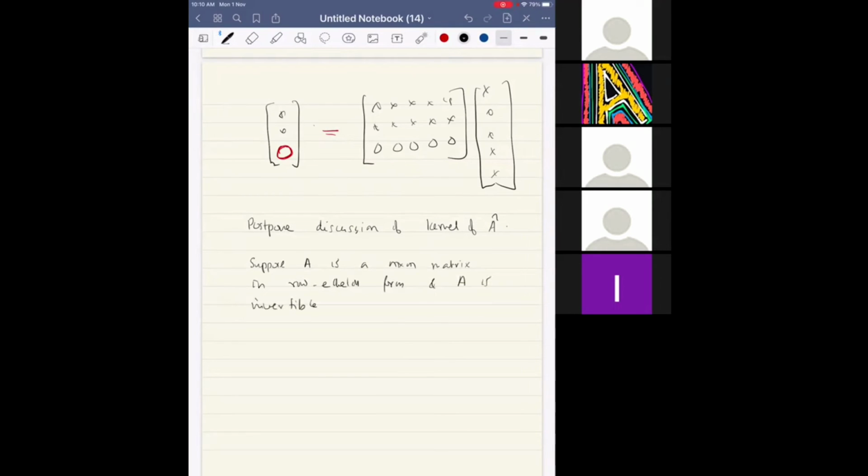That means A inverse exists. So don't immediately think determinants, formula for inverse, etc. Just that it is invertible. That means there's an inverse. Then what can you say about A?